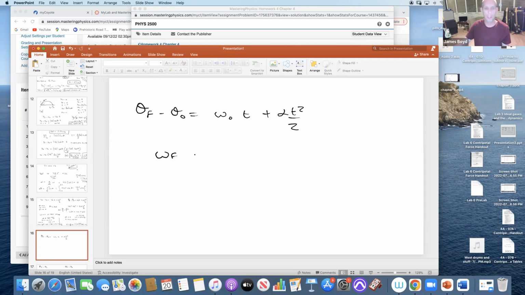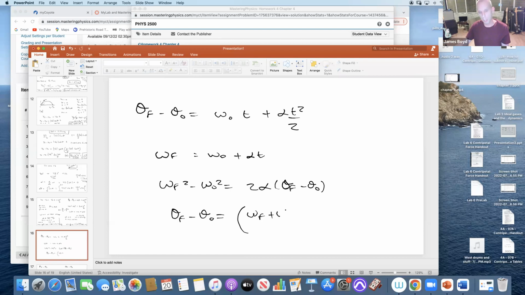Omega final is omega initial plus alpha t. And omega final squared minus omega initial squared is 2 alpha times theta final minus theta initial. And if you really want to use it, theta final minus theta initial is omega final plus omega initial over 2 times t.